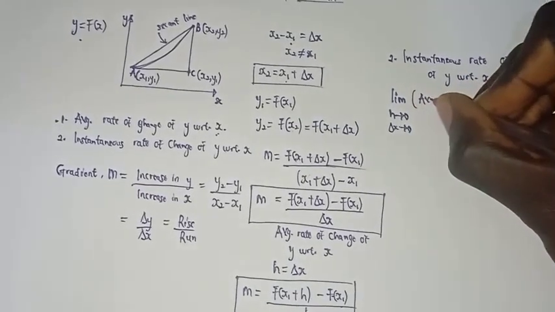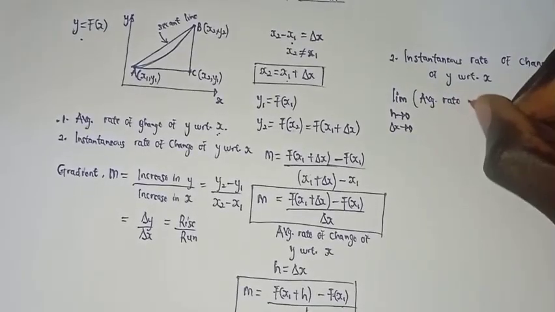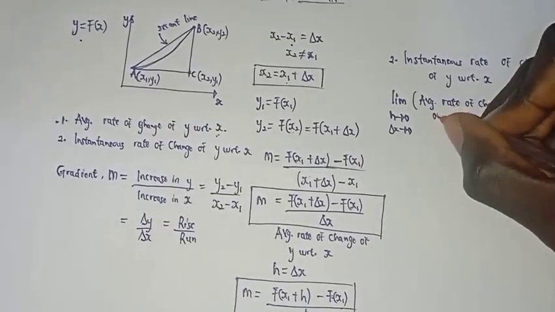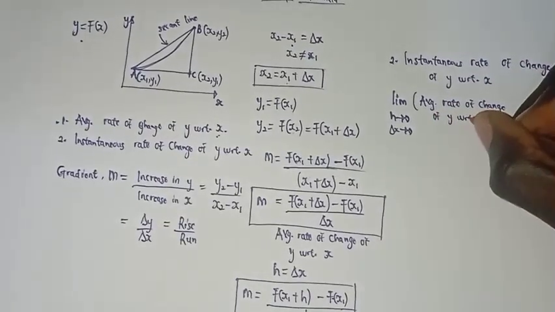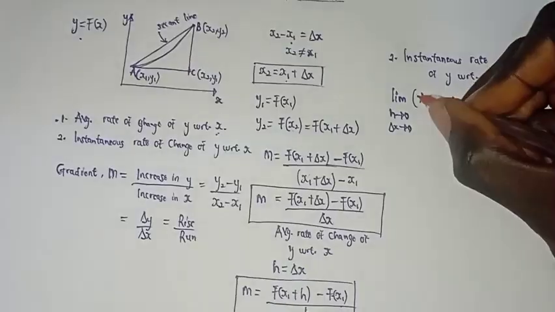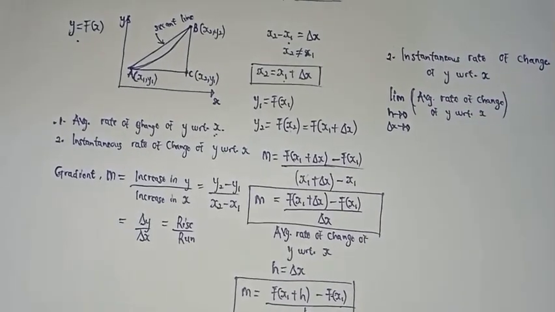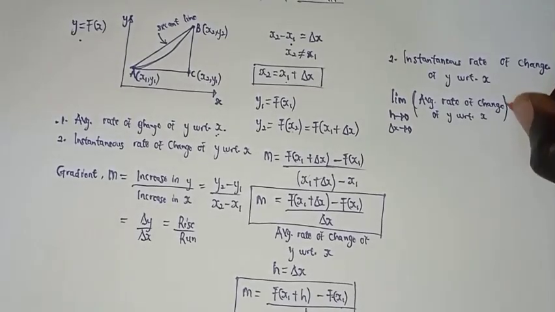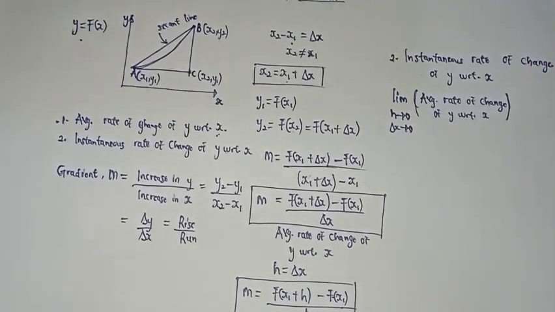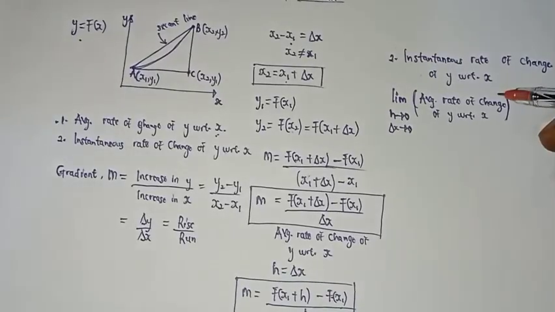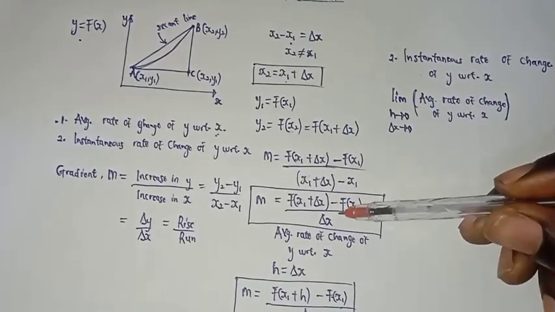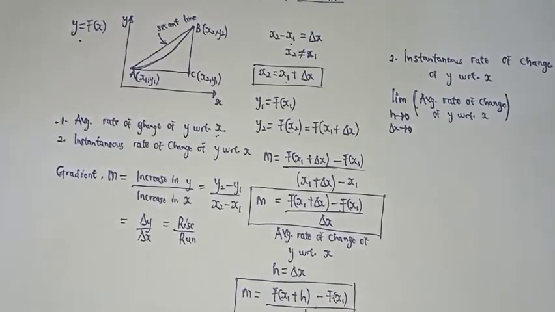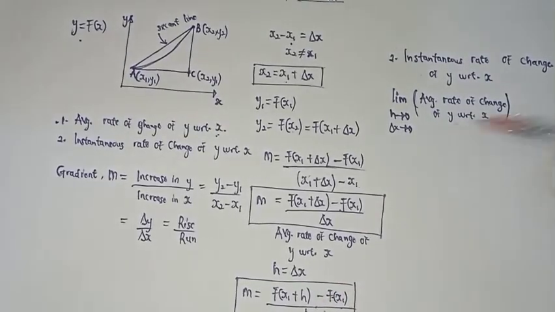The limit of the average rate of change of y with respect to x. So by taking the limit of the average rate of change, we get the instantaneous rate of change of y with respect to x. And so what we need to do is substitute this formula, let's stick with h, into this equation.